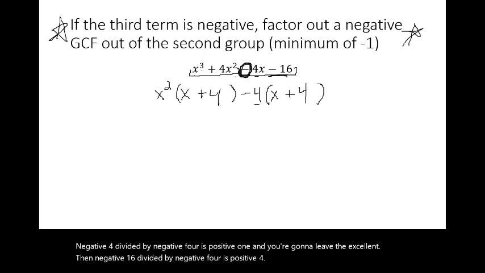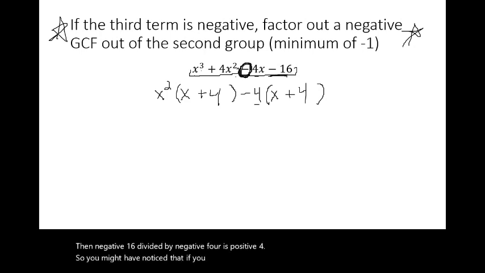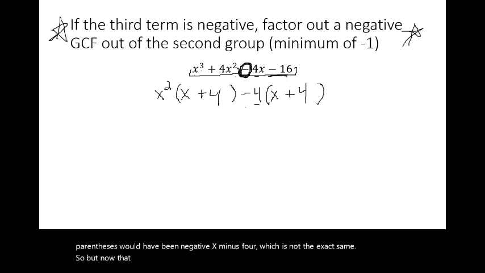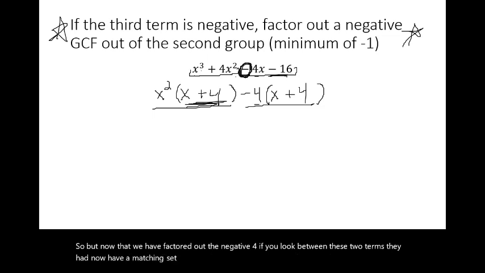You might have noticed that if you hadn't factored out that negative, this second set of parentheses would have been a -x minus 4, which is not the exact same. But now that we have factored out the -4, these two terms have a matching set of parentheses. They have an x plus 4 here and an x plus 4 here.